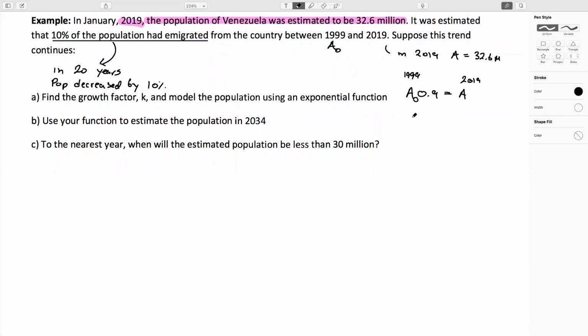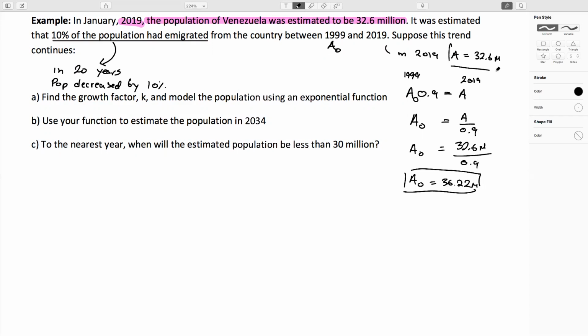So what it all boils down to is our initial population is going to be our final population divided by 0.9. Or our initial population in 1999 is going to be 32.6 million divided by 0.9, or 36.22 million. So we now know our population initially was 36.22 million.